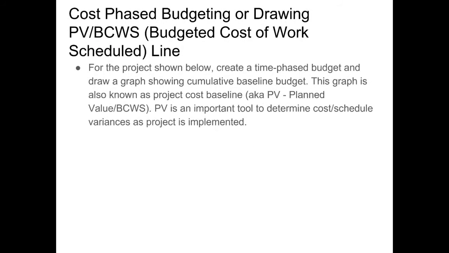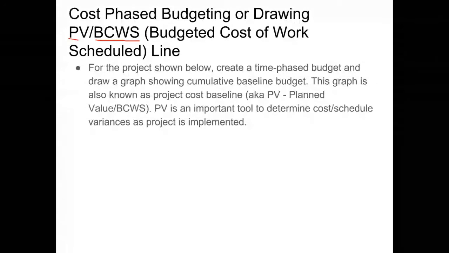This is often referred to as cost-phased budgeting, or drawing a planned value, or, when we talk about project monitoring and earned value analysis, it is referred to as the budgeted cost of work scheduled line.